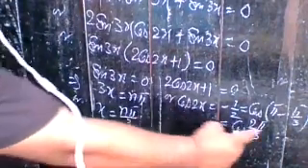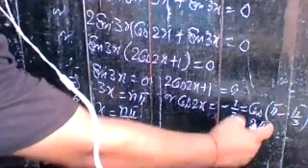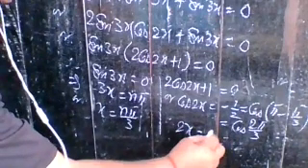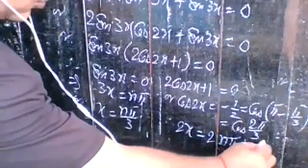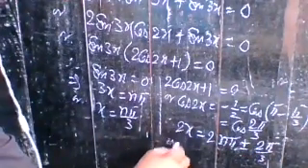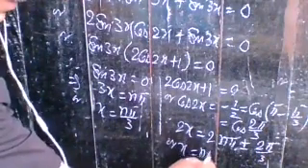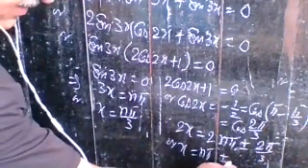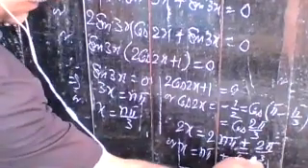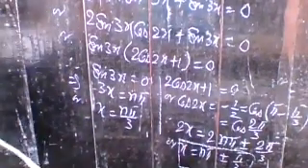So cos 2x is equal to cos 2 pi by 3. So 2x is equal to 2n pi plus minus 2 pi by 3. Now the value of x is n pi plus minus pi by 3. So that is your answer. Note it.